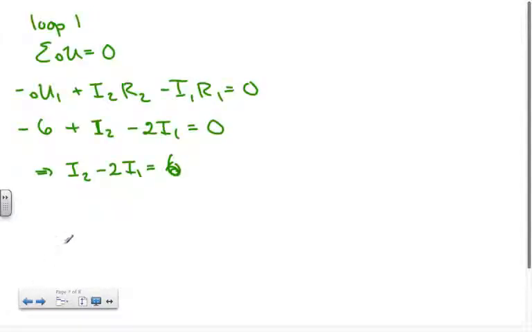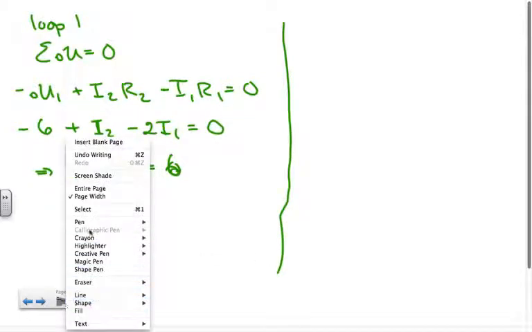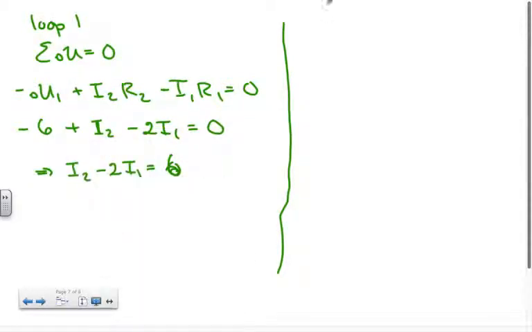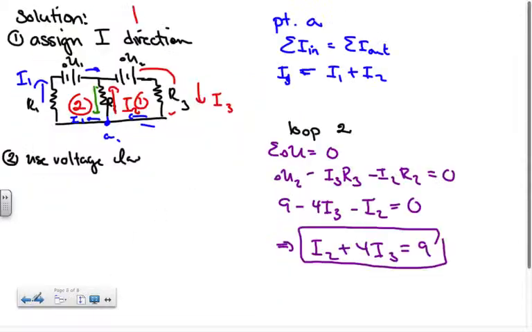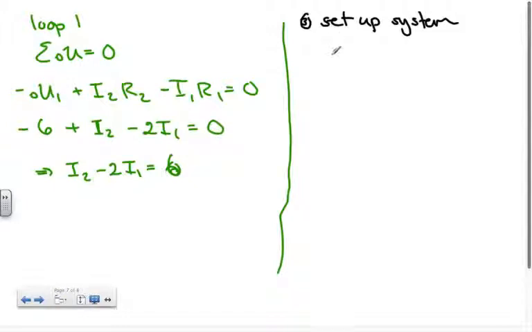Then the next thing we want to do is set up a system of equations for our problem here. So these three, we set up the system. The system of equations has two equations. The first is I2 plus 4 I3 equals 9.